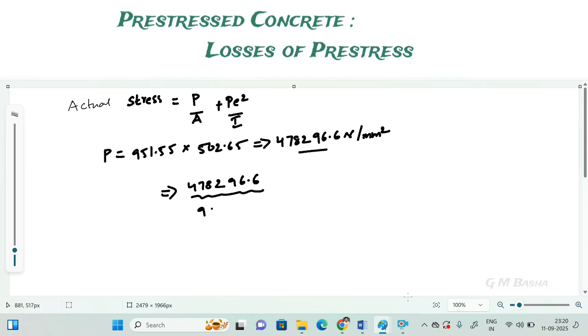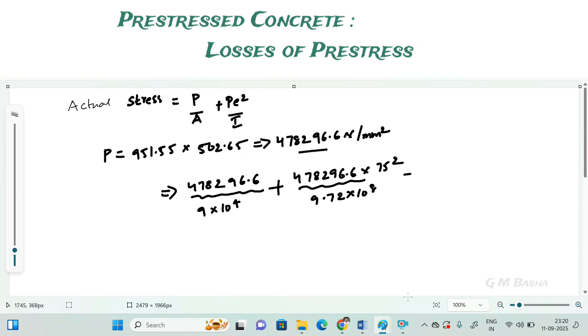by area, which is 9 into 10 to the power of 4, plus P square by 8, 478296.6 into E square, that is 75 square, by I value. What is I value? 9.72 into 10 to the power of 8.